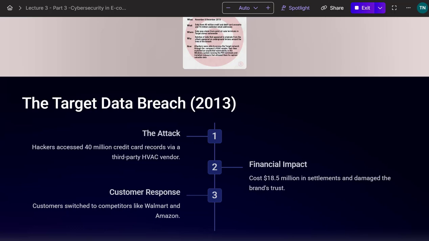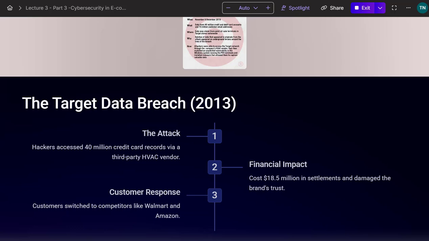The case study, right? We have a story of security of e-commerce, like the Target data breach 2013. In 2013, hackers accessed 40 million credit card records from Target through a third-party HVAC vendor.